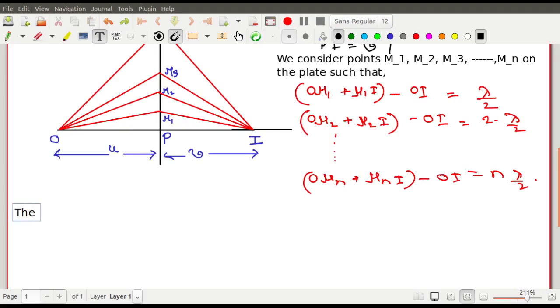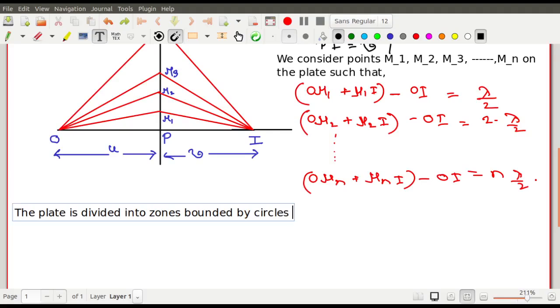The plate is divided into zones bounded by circles with center at P.